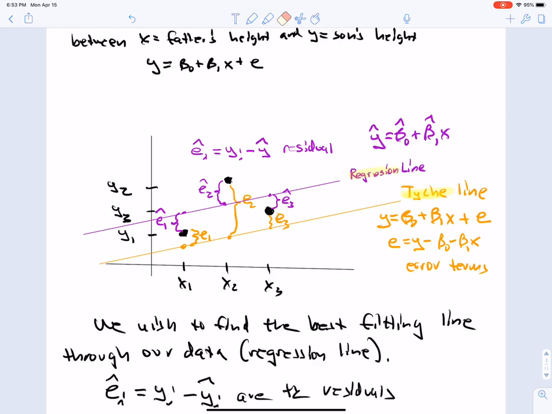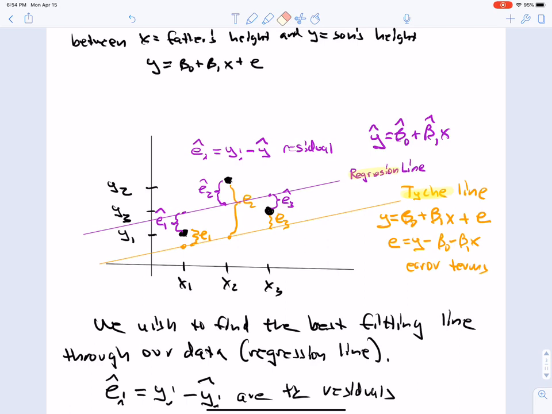Now we don't know what beta 0 and beta 1 are, nor do we know what e is, obviously then. So I've sort of drawn it in a picture for you.